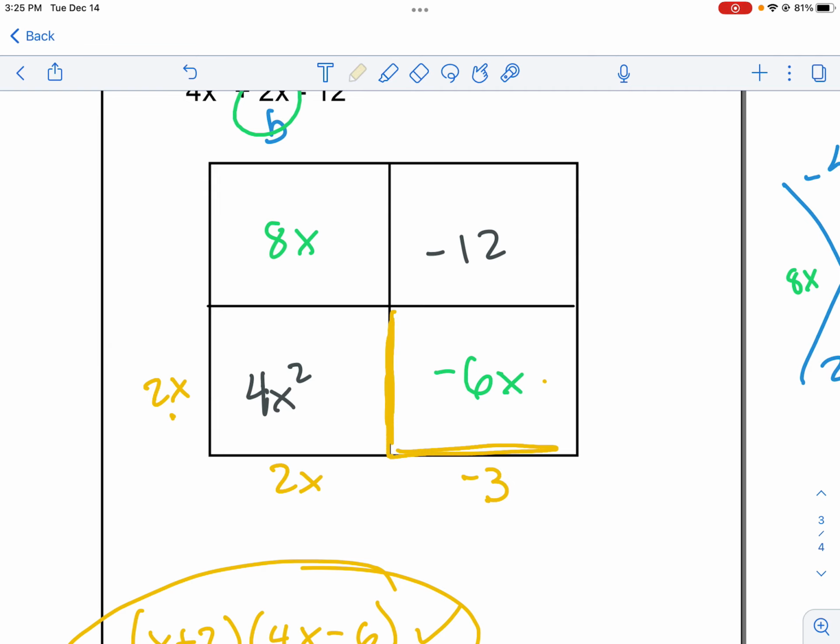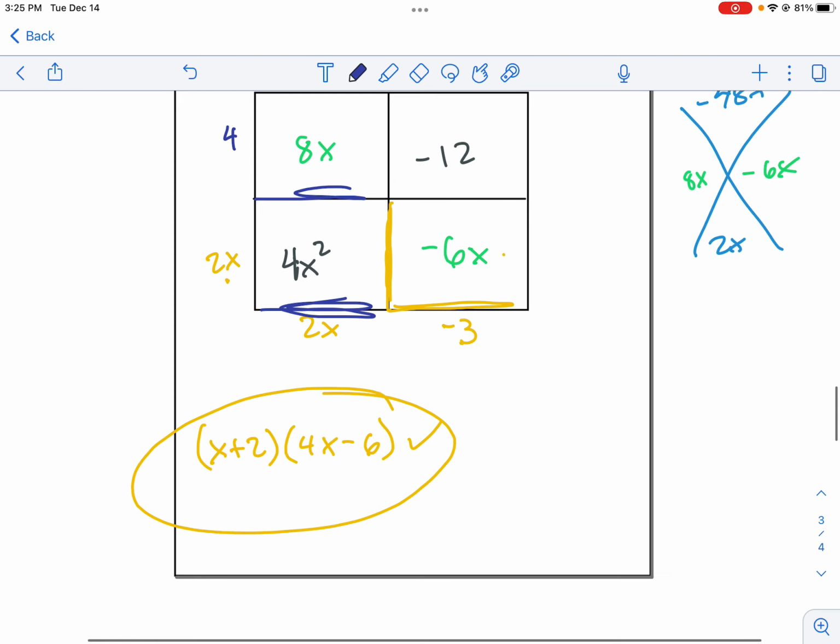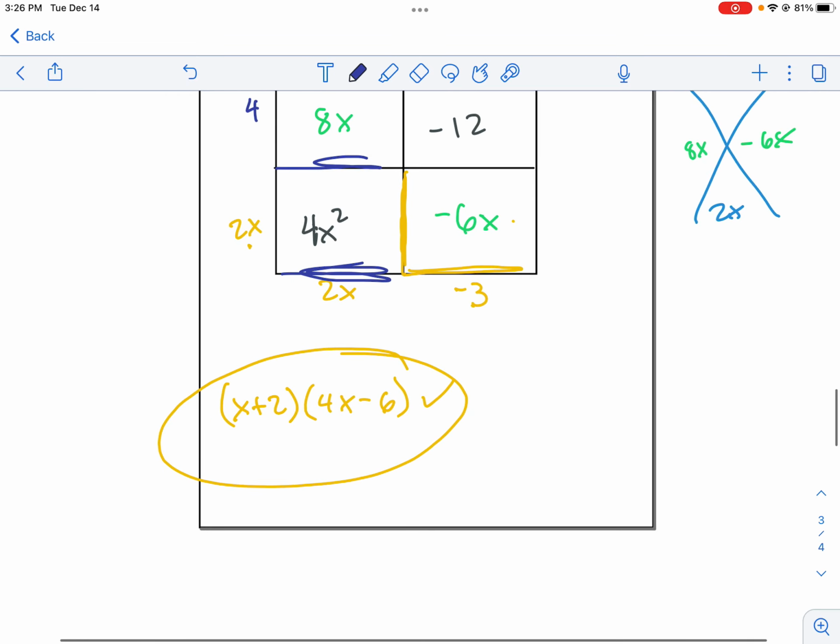And let me change colors here so it's a little easier to see. This guy being a 2x would force this one to be a 4. So my factored form could also be written as 2x plus 4 and 2x minus 3.